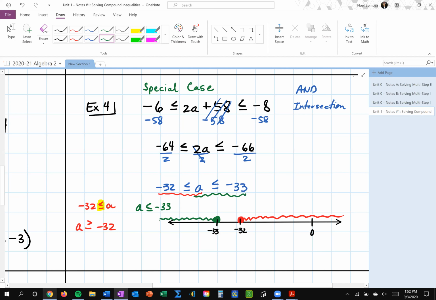Now, what's the problem? I'm looking for an intersection. Exactly. They don't touch. They don't intersect. There's no overlap between green and red. So if this answer is asking me for the intersection and there is no intersection, what do we say?